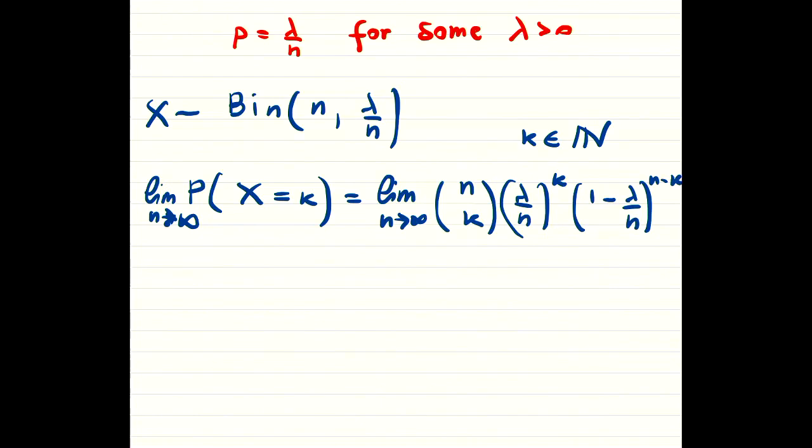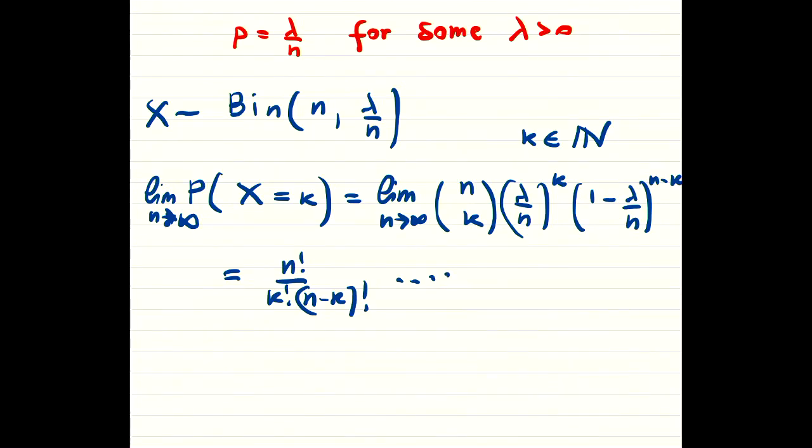Are we good? We are going to study this limit and give a definitive answer. Now, let me rewrite the coefficient here as n factorial divided by k factorial times n minus k factorial. Just the coefficient, and soon I'll write the rest.